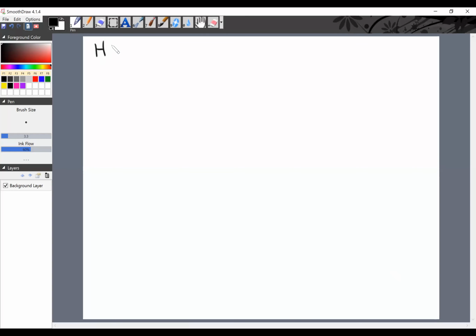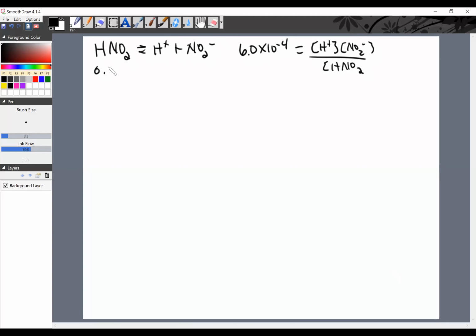So right now we have HNO2 plus NO2 minus, and 6 point, good grief. I'll go back and check that. 6.0 times 10 to the minus fourth is equal to proton nitrite over HNO2, and it was 0.100.